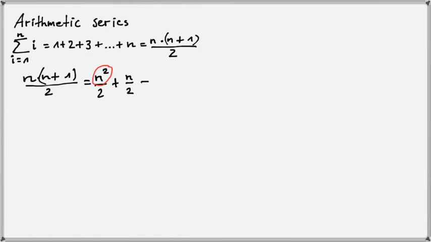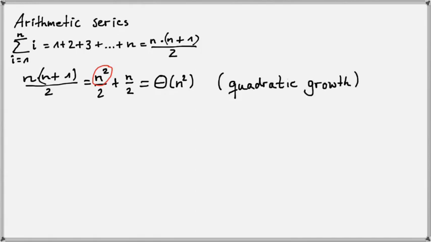So the growth rate is n squared. In terms of algorithms, if this determines the running time of an algorithm, say I have a double for loop which results in this running time, then the running time is n squared, which indicates quadratic growth.